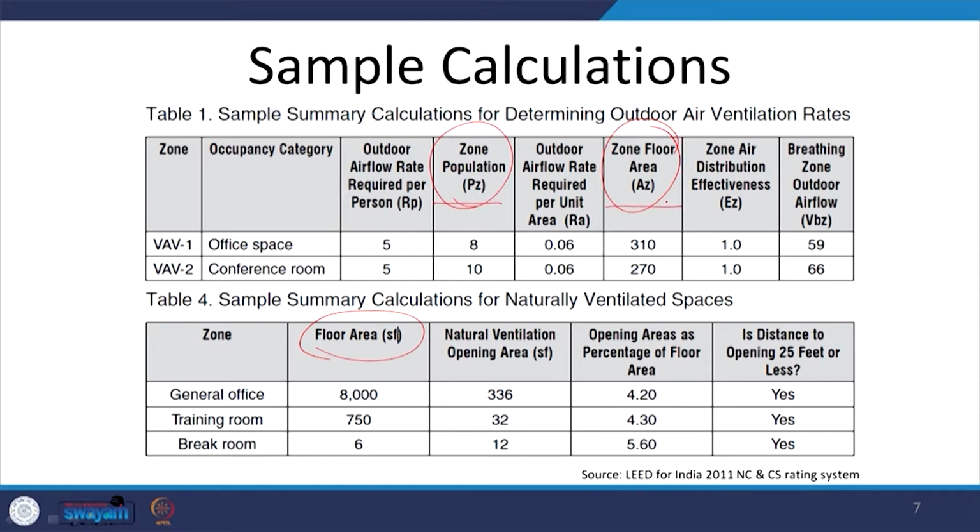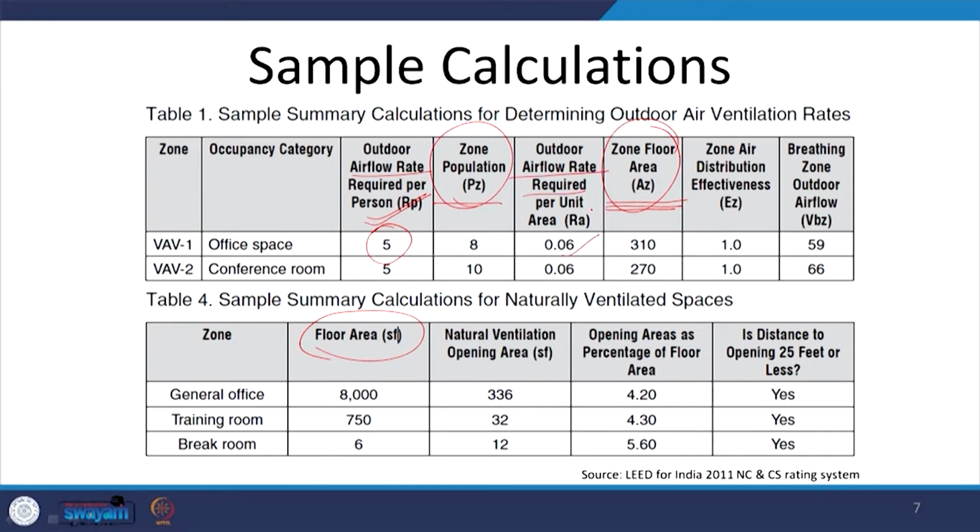As per the standards, the rate of air flow per person is already specified. Per person, a rate of air supply is specified as per the code, which has to be ensured. Also, on a per floor area basis, the outdoor air flow rate is specified.